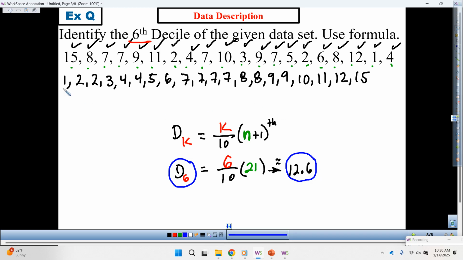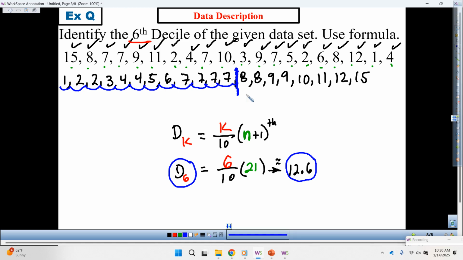So we're going from left to right. 1, 2, 3, 4, 5, 6, 7, 8, 9, 10, 11, 12, and a little bit more, so about right here. Yeah, 12.6. Is there a number in that position? No. Oh my, what shall I do when I fall in between two numbers?